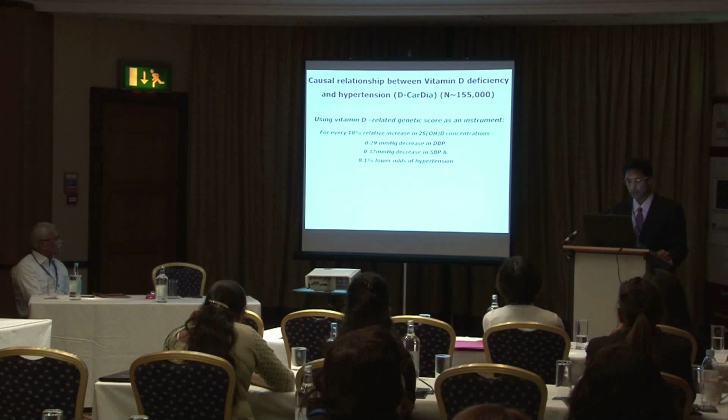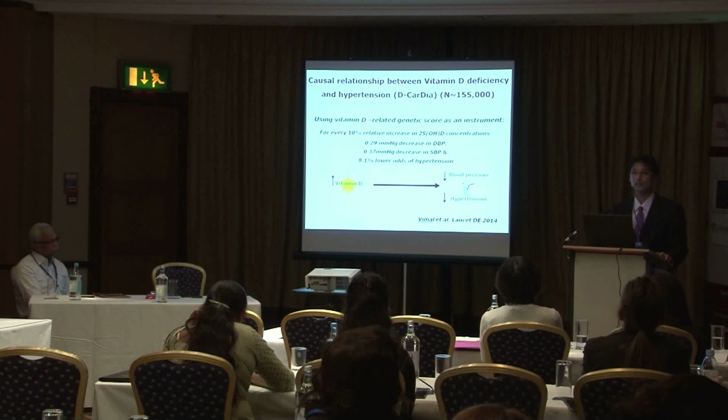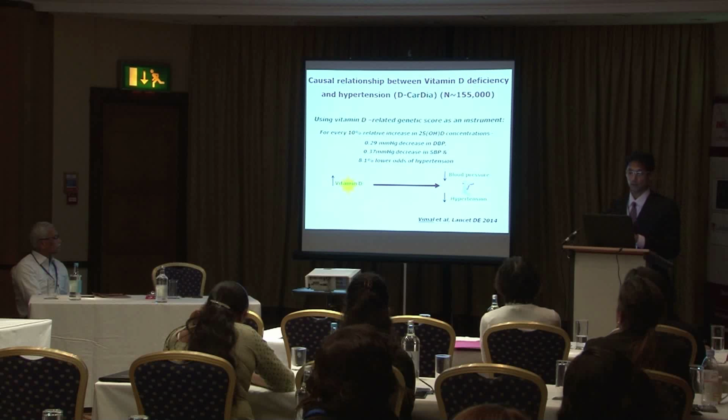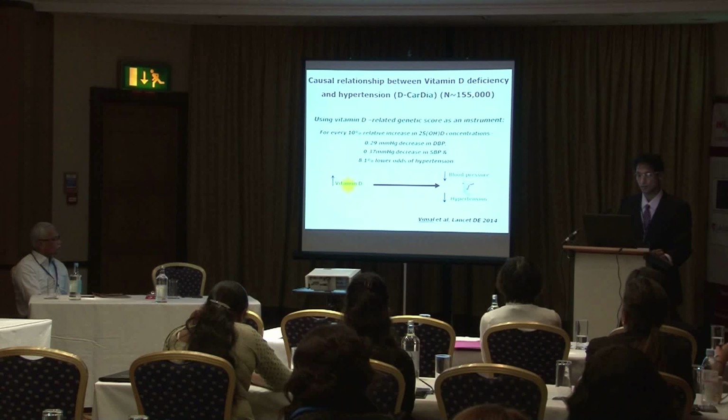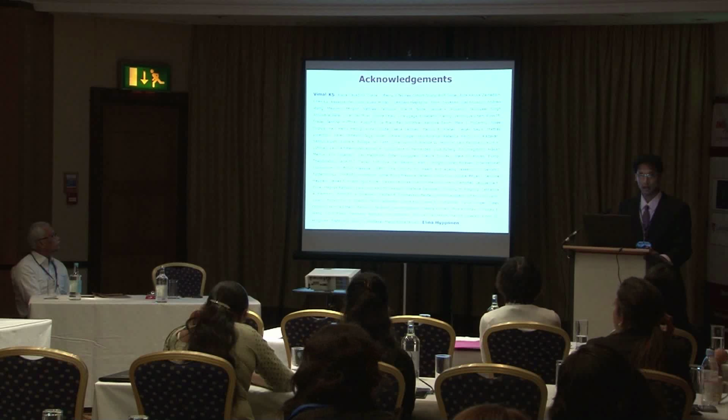So this shows that improving your vitamin D levels can overcome the effects of cardiovascular disease-related outcomes such as blood pressure and hypertension. And this finding was quite recently published in Lancet Diabetes and Endocrinology. So in line with that, I would like to thank all the DCardia collaborators.